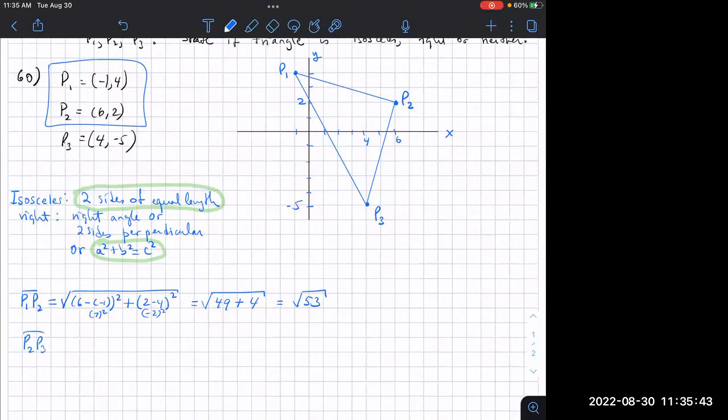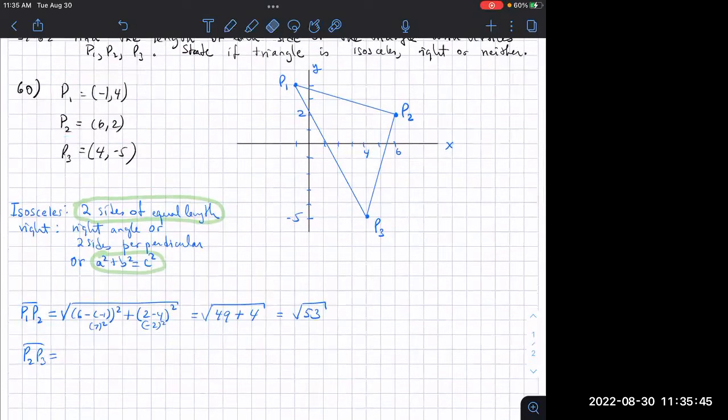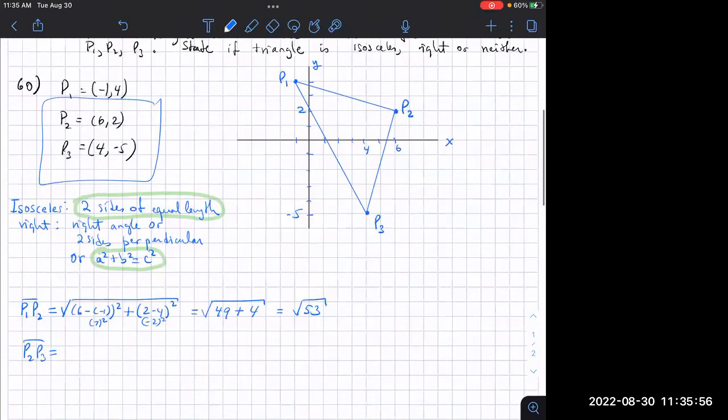P2, P3. Now we're looking at these two points. You can call P3 to be the P1, so we do x2 minus x1. You can do 6 minus 4 and 2 minus -5, or the other way around. If I do 6 minus 4 and 2 minus -5, then 6 minus 4 is 2.